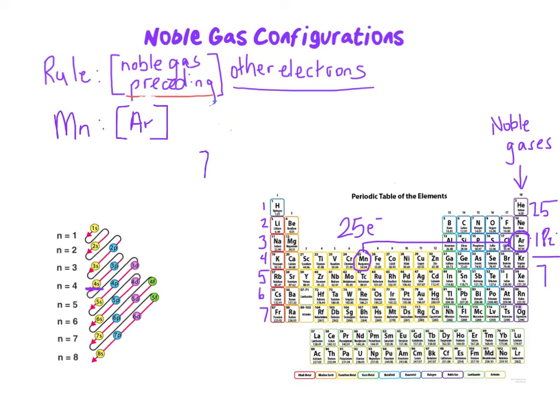So 7 electrons are going to be these other electrons here. 4s can hold 2 of those electrons, which means I have 5 more. So after 4s, if I follow the little line, I go to 3d. Hopefully by now you know that D can hold up to 10 electrons, but I only need 5 more, so I'm going to put a 5 right there. So the noble gas configuration for manganese is Ar 4s2 3d5.